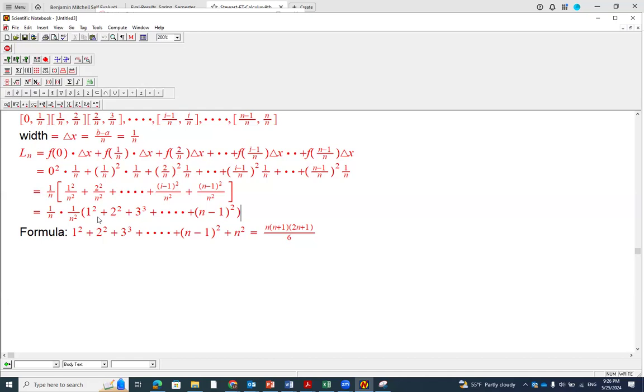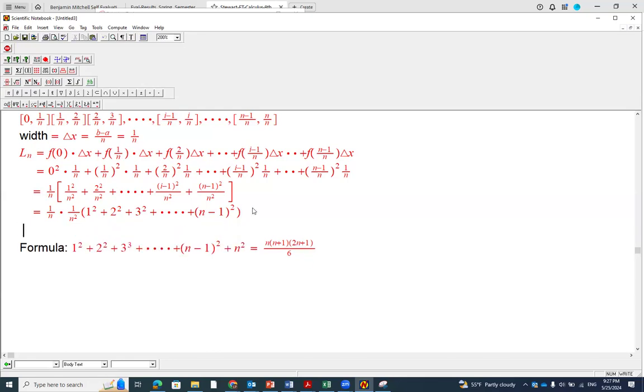If we apply this formula to our situation inside the parentheses, but we have 1 squared plus 2 squared to, oh, sorry, this is supposed to be a squared. If we add all of these terms, there's n minus 1 terms, not n terms. So when we plug in the formula, on the outside of the denominator is 1 outside the parentheses, n raised to the power 3.